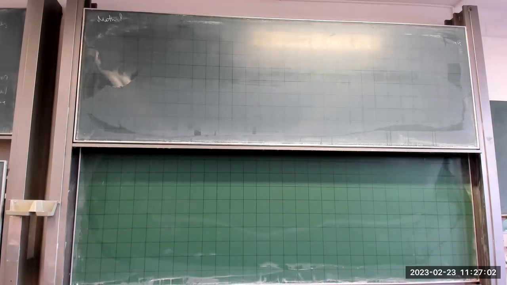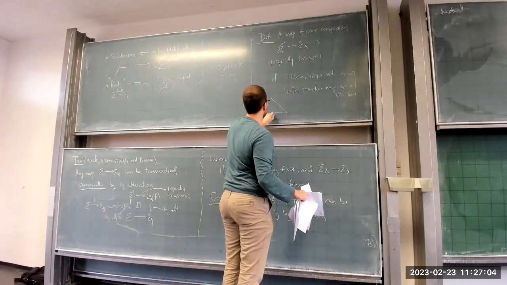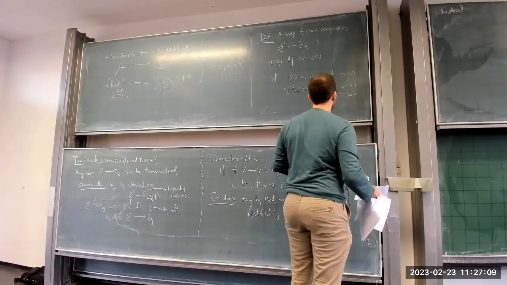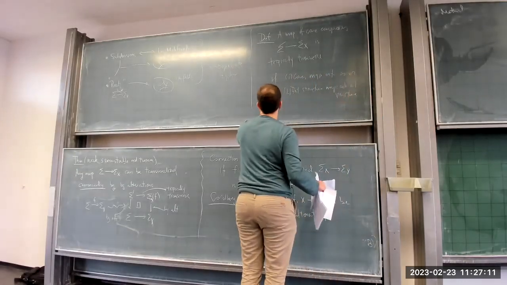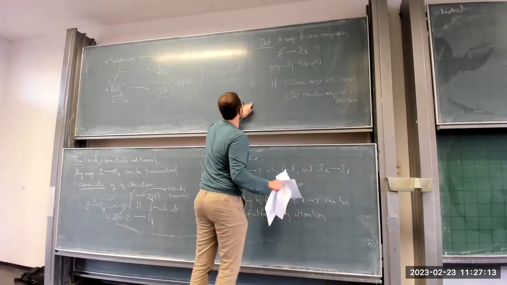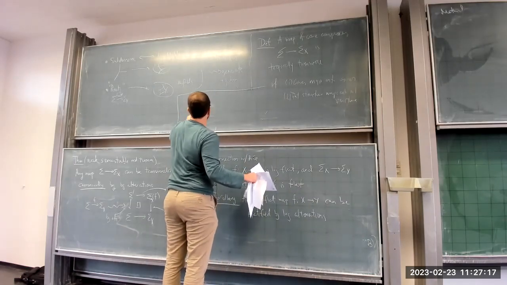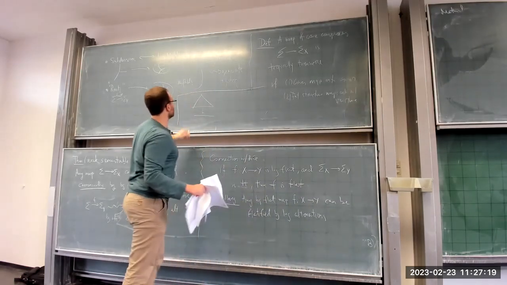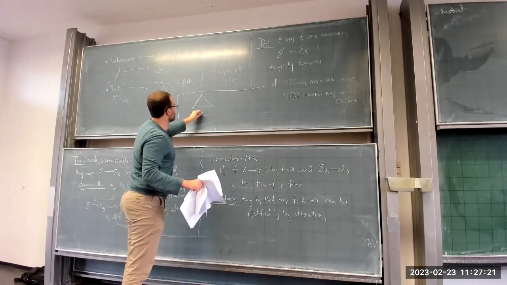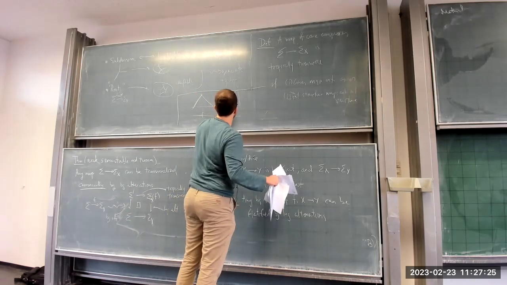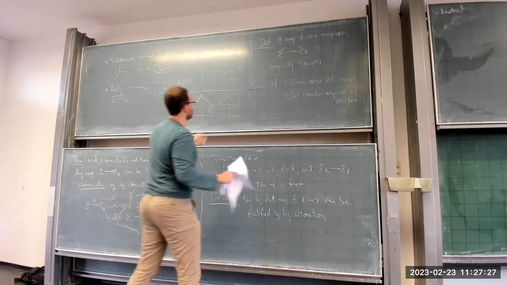So what does this mean? Cones map onto cones means that something like this does not happen, because here you have a cone that doesn't map onto its image. So this is okay, and this is not okay.